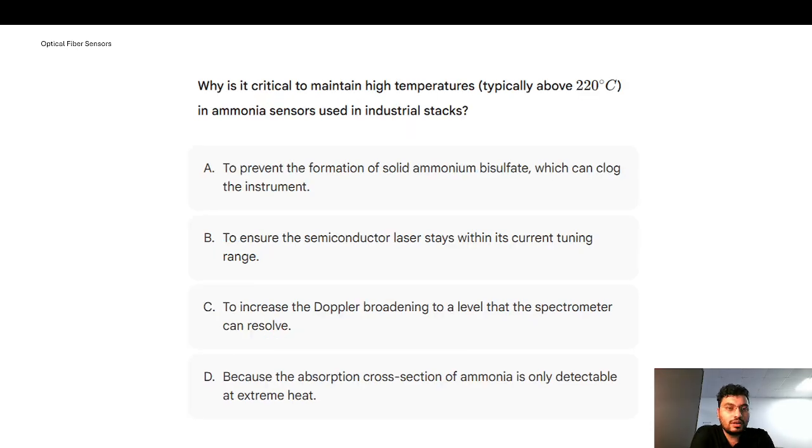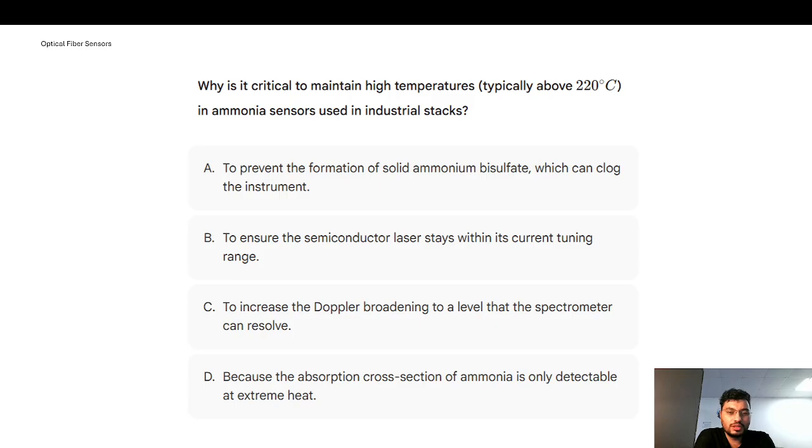Next question is, why is it critical to maintain high temperatures, typically above 220 degrees centigrade, in ammonia sensors used in industrial stacks? A, to prevent the formation of solid ammonium bisulfate, which can clog the instrument.